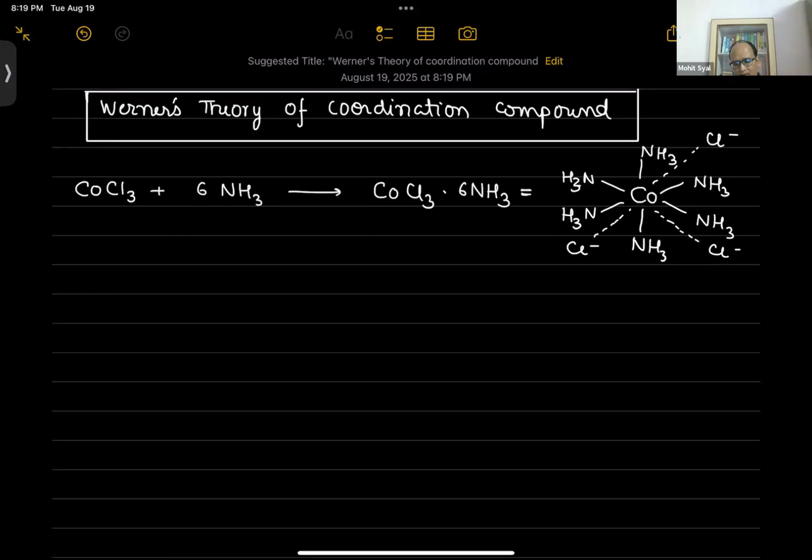One is a formula, another is a structure. And what do these dotted and solid lines indicate?